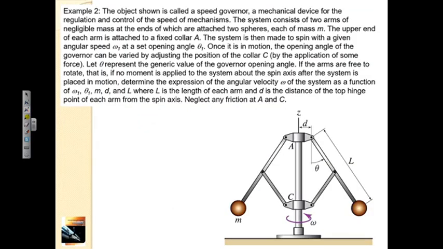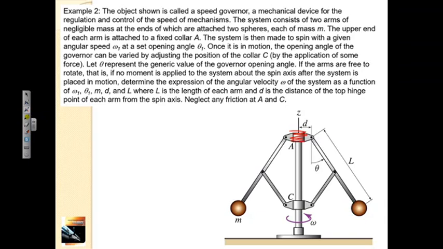I'm not going to do these problems. I'll just talk about it. So this is a governor. And it uses this exact same idea that I just did there, where I've got these two balls, kind of like what I've drawn, and I'm changing their position relative to their rotational axes. So in this case, collar D is fixed.